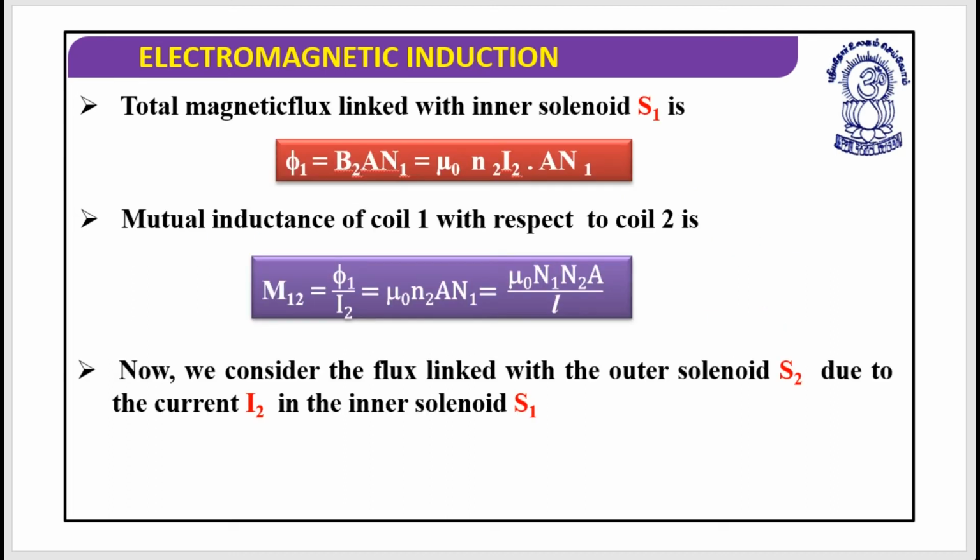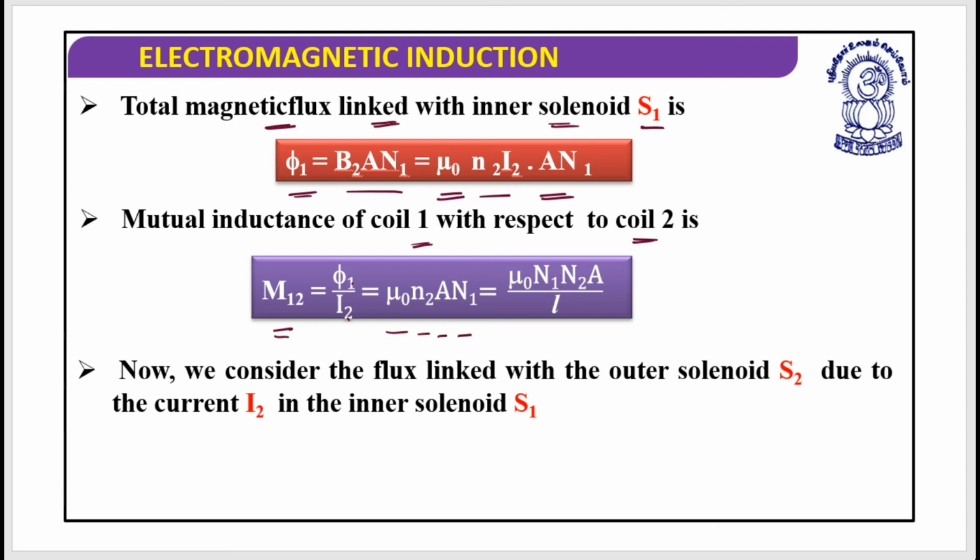So the total magnetic flux linked with the inner solenoid S1 is phi 1, equal to B2 into A into N1, which is equal to mu naught into n2 I2 into A into N1. Now the mutual inductance of coil 1 with respect to coil 2 is what we call M12, equal to phi 1 divided by I2, which is mu naught into n2 into A into N1.